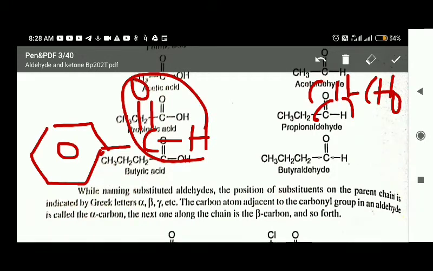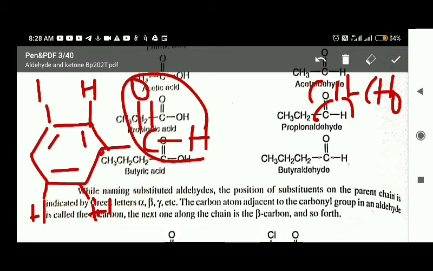If you are not understanding, delete this one and put the double bonds of the benzene. See, this carbon already has 4 bonds. Here hydrogen, here hydrogen, here hydrogen, and here also hydrogen. So this is known as alpha carbon, this is beta, this is beta, this is gamma, this is delta.